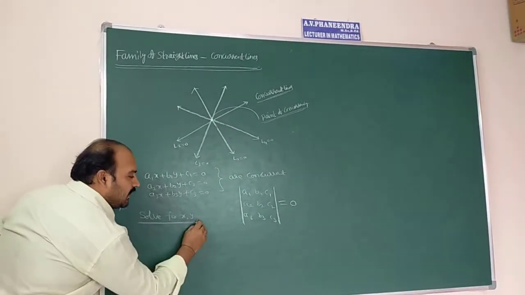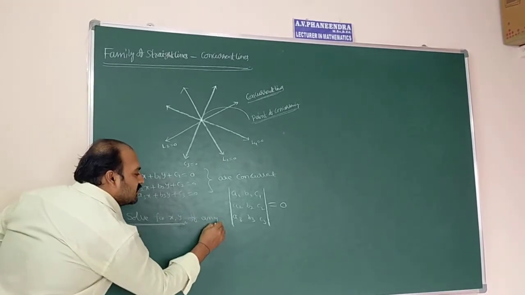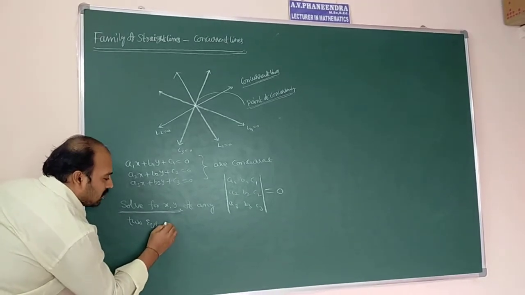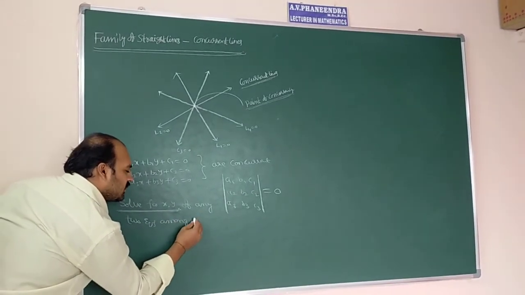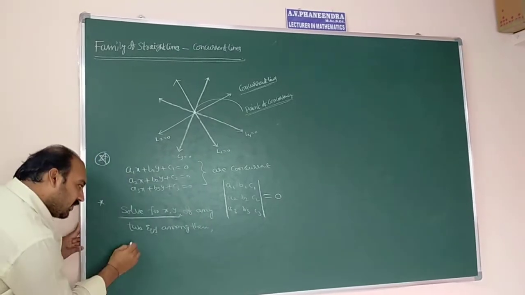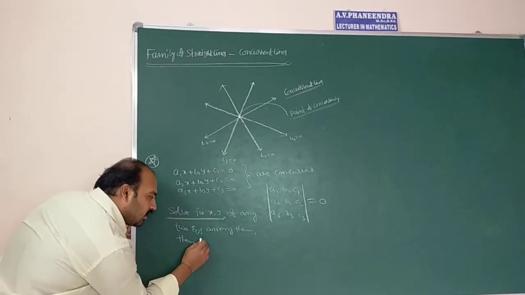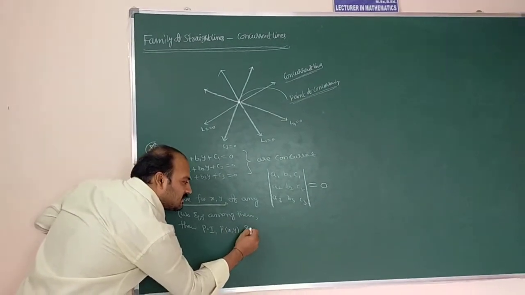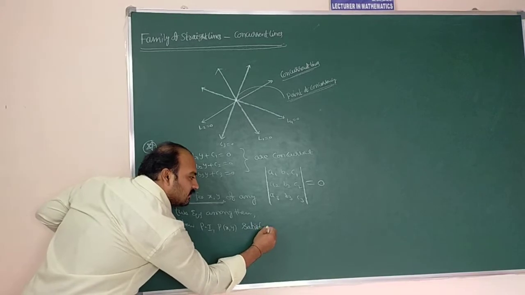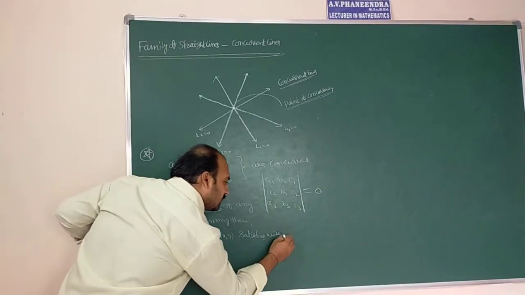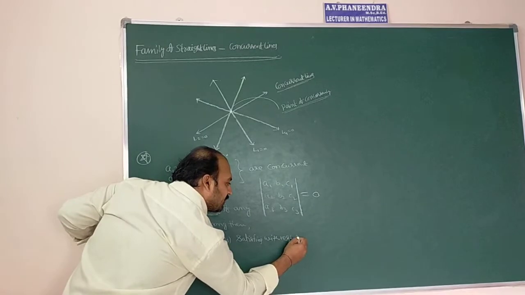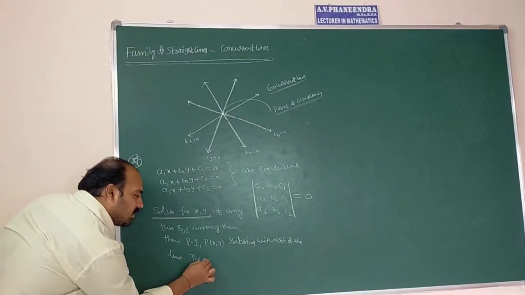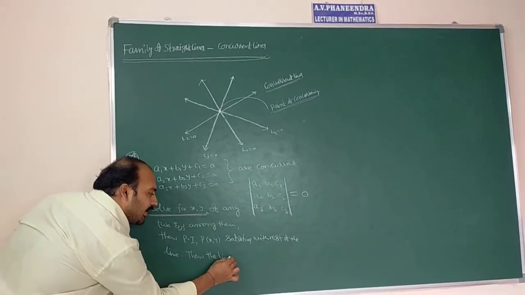Then the point of intersection, that is P of x comma y, satisfies the third line, or the rest of the line.